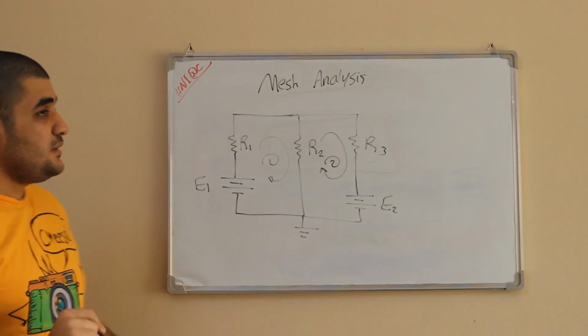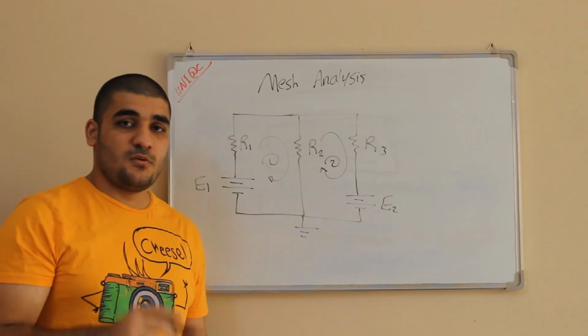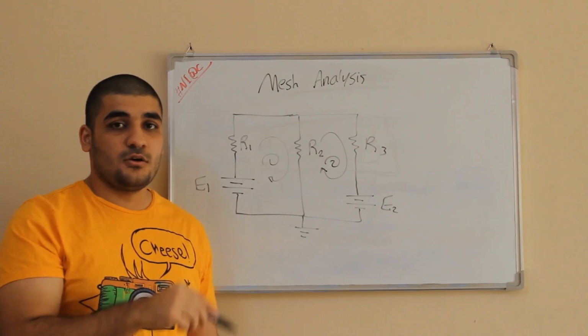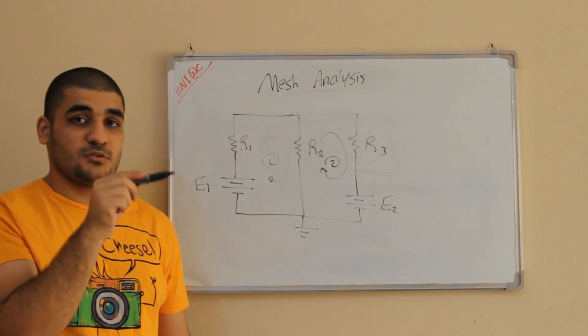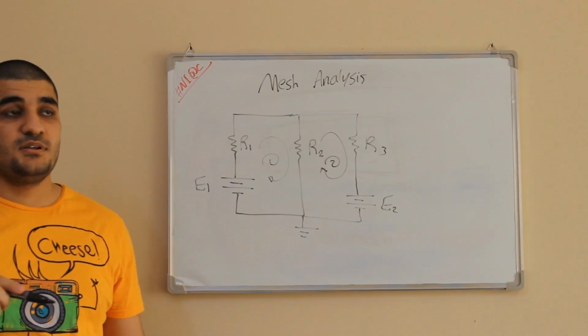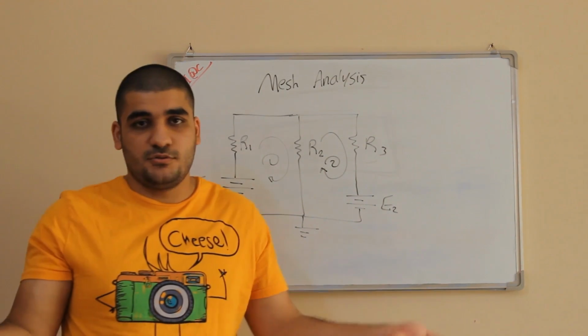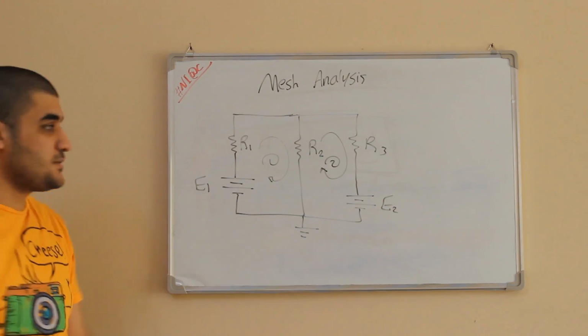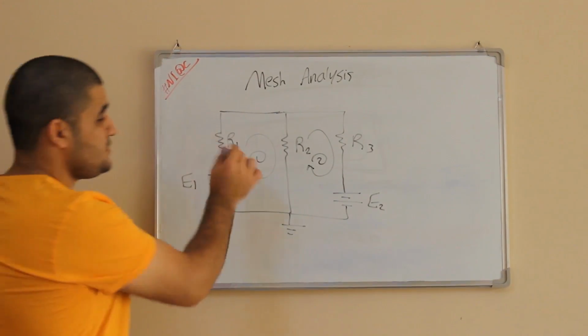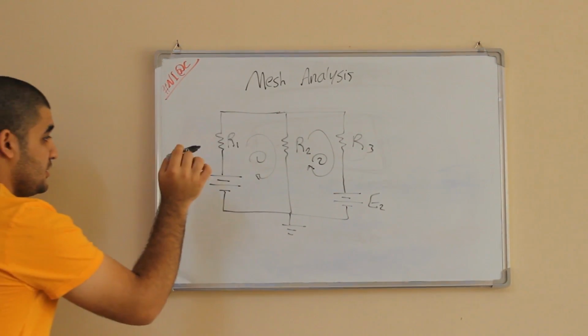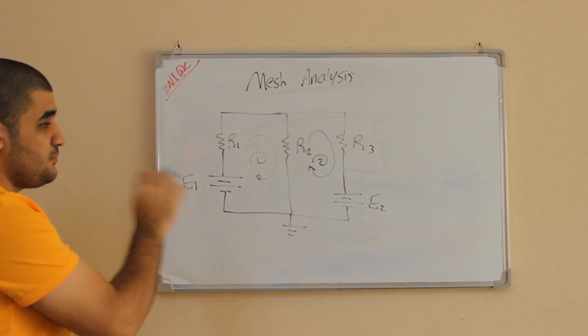If somebody asks, okay Hussein, why did you put the arrows in a clockwise direction? Why didn't you put them anti-clockwise? You can put it in either direction. There's no difference. So this is my loop or mesh.